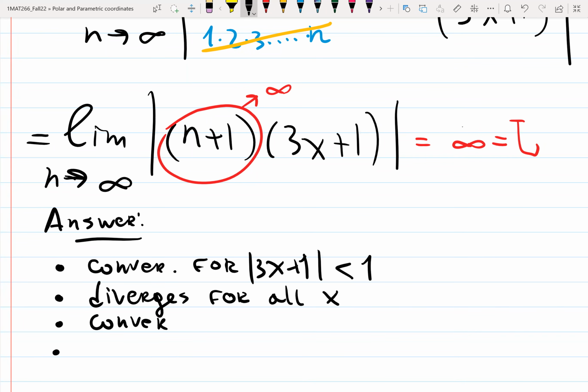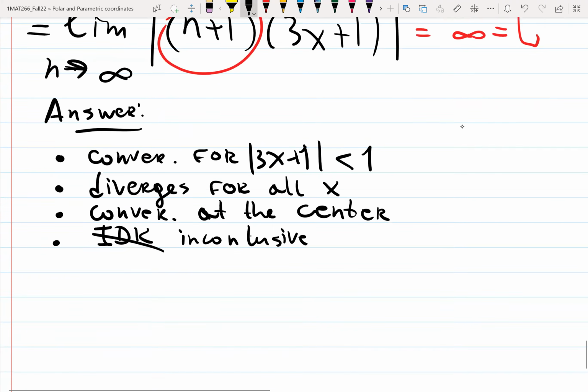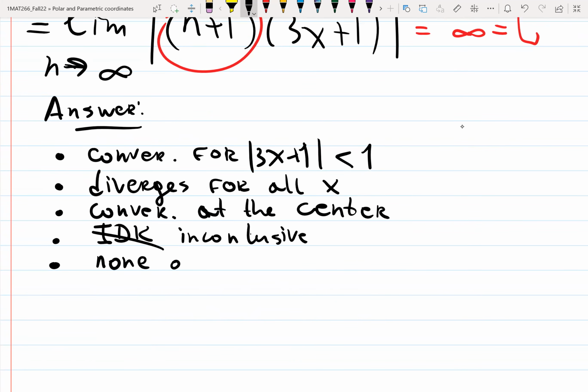Answer: converges at the center. Answer: I don't know. And that's a joke, but I mean by this, inconclusive. And one more answer, none of the above. There's always an answer like this. Since the choices are randomized nowadays, we change it to none of the others, because sometimes none of the above now shows up first online, so there's nothing above it.